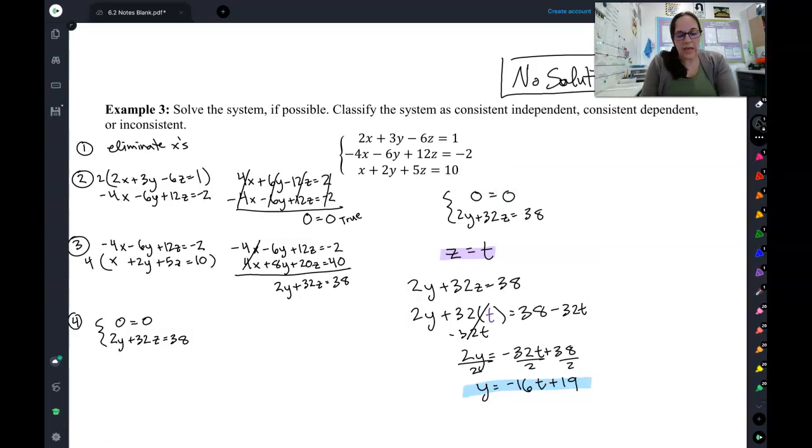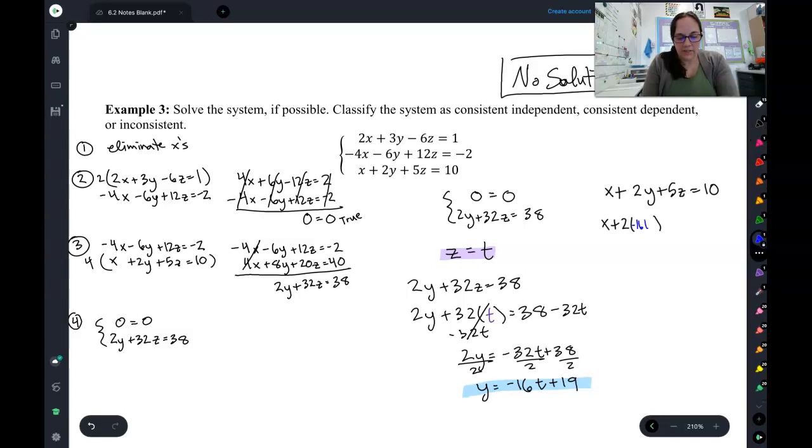So let's take any of our 3 original equations. Doesn't really matter which one. I'm going to take the last one. Plug in the equation we got for y, negative 16t plus 19. Plug in t for z. And then we're going to solve this for x.